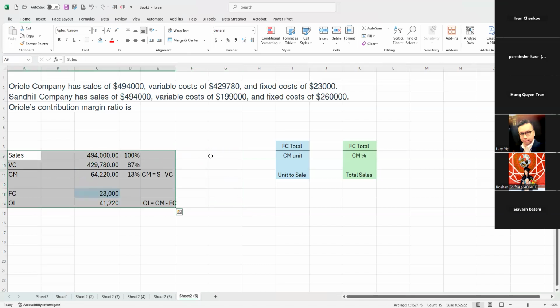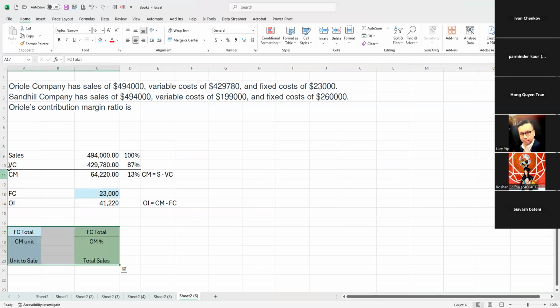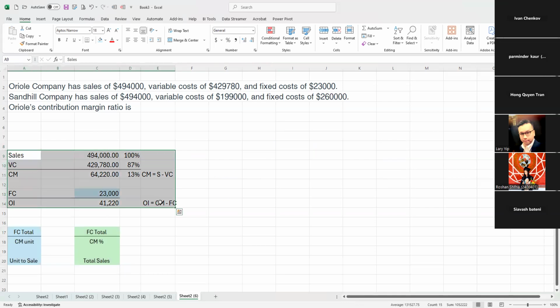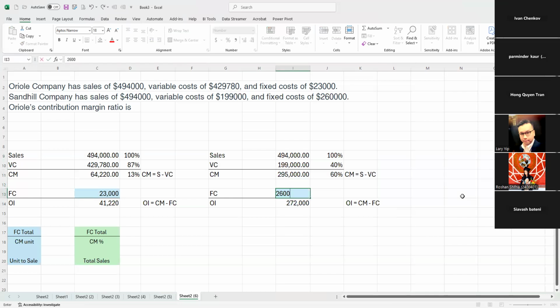And let's get company two. Let's get this one out of here, put it here. And let's get this one again. Control C, Control V. And let's get the second company, 199,123. And the fixed cost is 260,123. And now you have the answers for both.